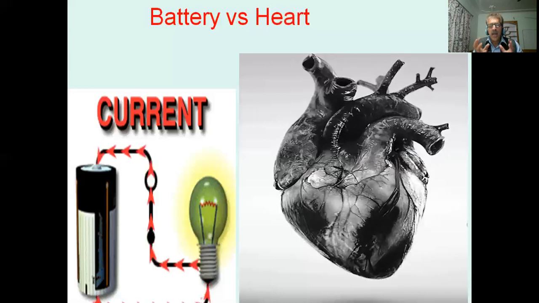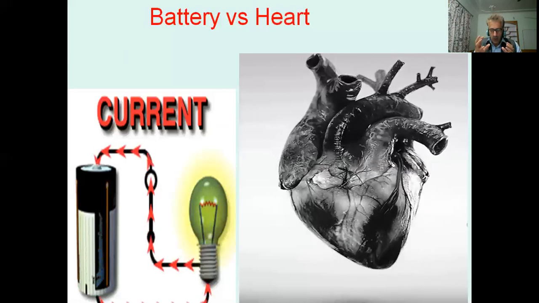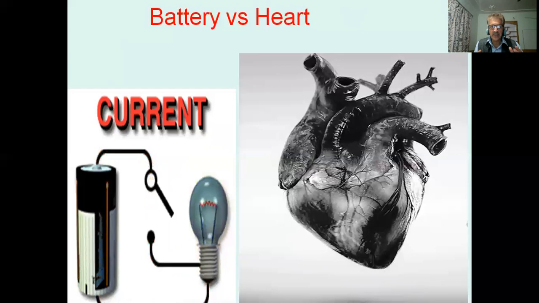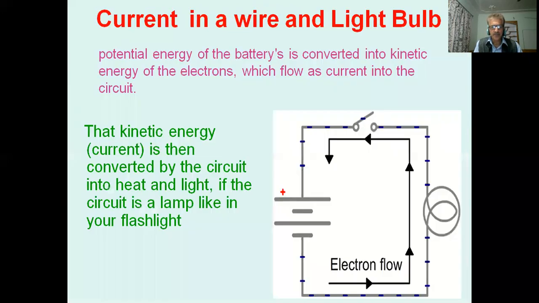Both battery and heart act as pumps. And the heart does not create any blood. In the same way, the battery does not create the charges, and you can explain how the current flows in the circuit on this basis.